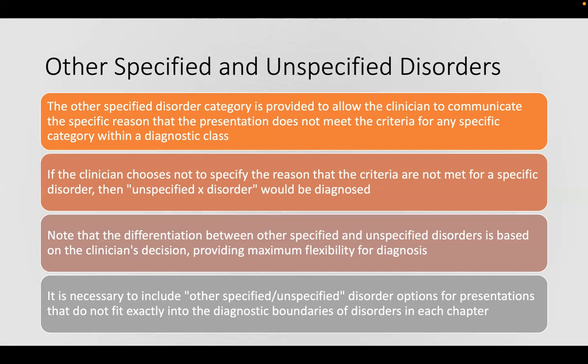So you can also use it to give yourself more time to come up with a diagnosis that feels like you've had enough time to accurately assess it. So again, they're meant for maximum flexibility with the diagnosis, also recognizing that not everybody fits the criteria perfectly.